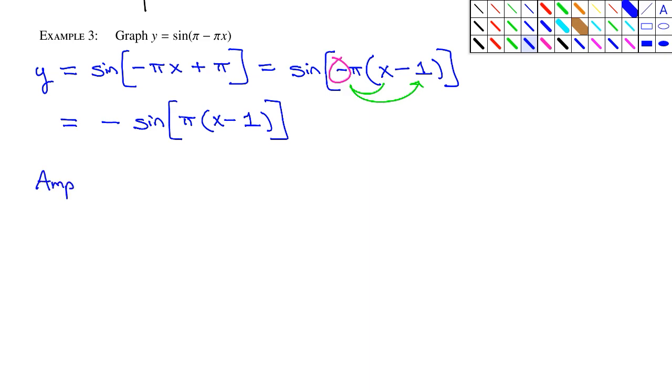The amplitude is going to be the absolute value of -1, which is 1. The period is going to be 2 pi divided by this pi right here, which is going to be 2.